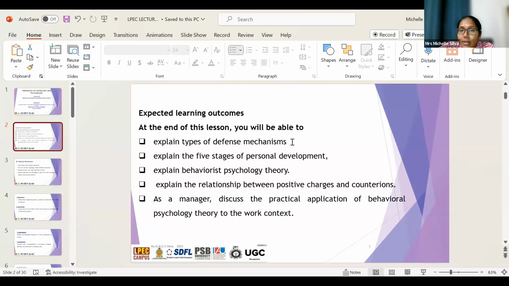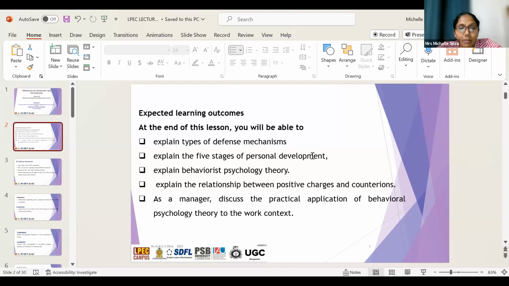Under defense mechanism, I have provided an additional supplementary document as well, in addition to the PowerPoint presentation. In this presentation, I explained the 5 stages of personality development, the psychosexual stages introduced by Sigmund Freud, which should be gone through by a person for personality development: oral stage, anal stage, phallic, latent, genital. I discussed them with examples, and I have shown you a video as well.